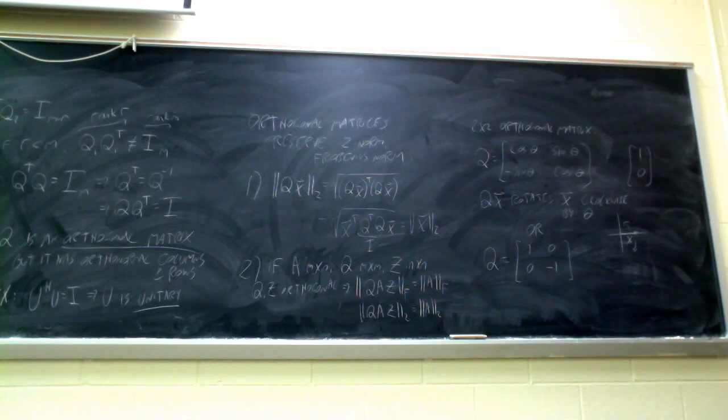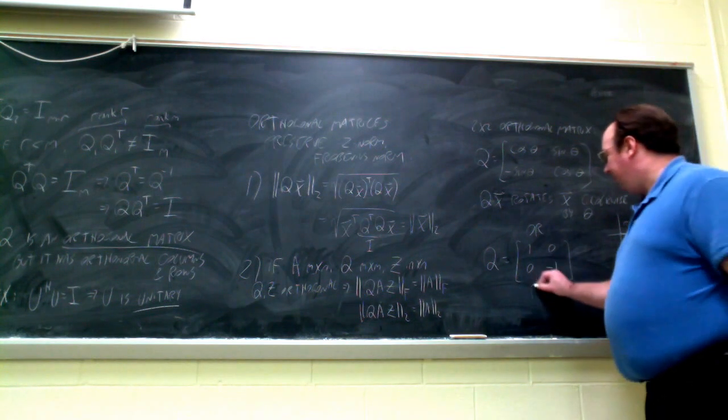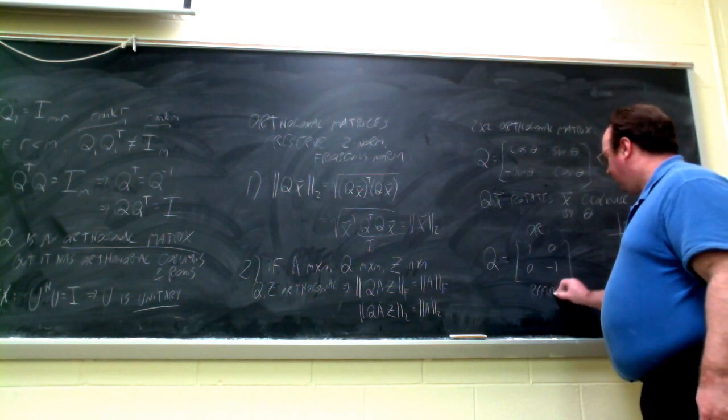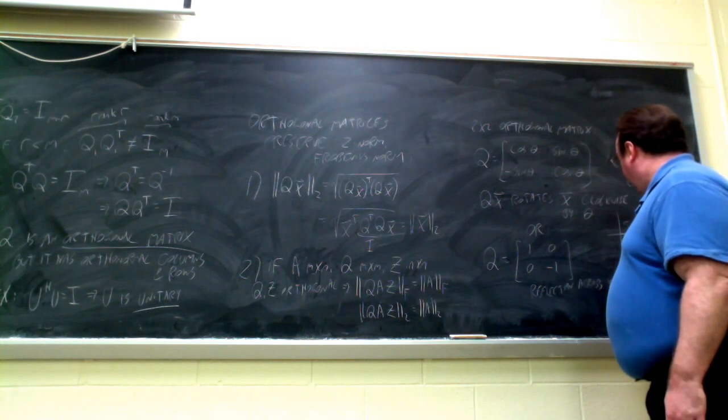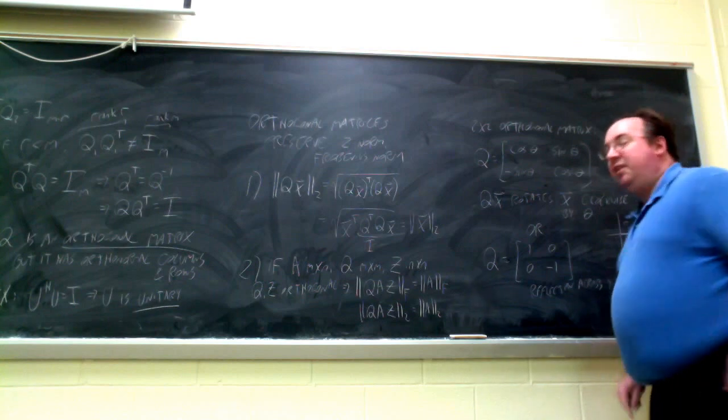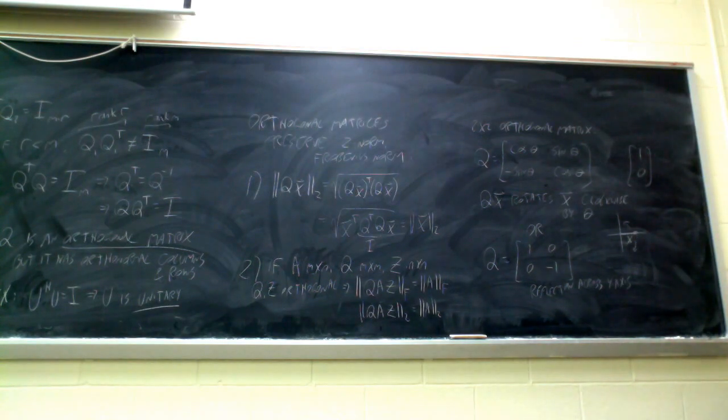Yes, it's a reflection, in this case across the y-axis. So you can pretty much describe any orthogonal matrix in terms of combinations of rotations and reflections of various kinds. You can have rotations in any number of dimensions, but you can always decompose them into products of 2 by 2 rotations.